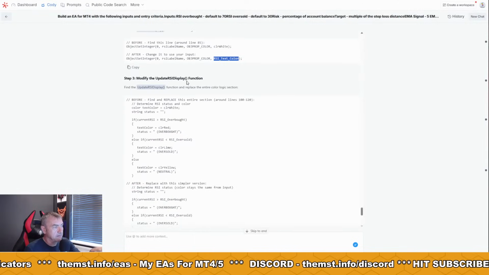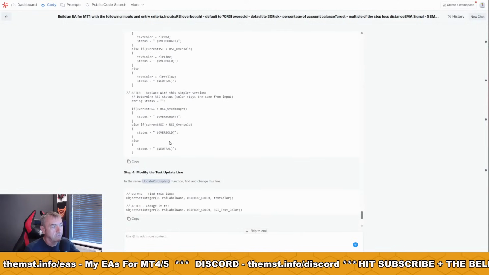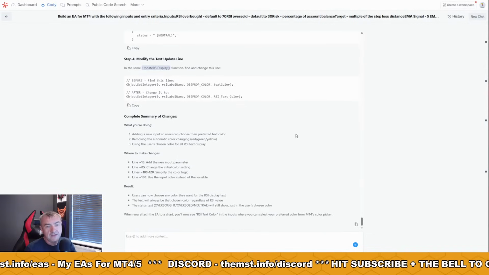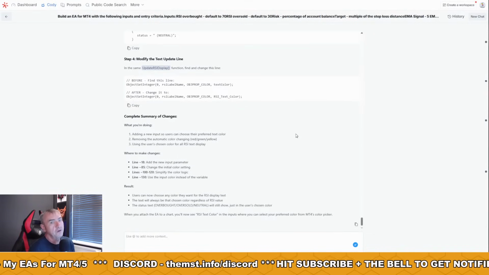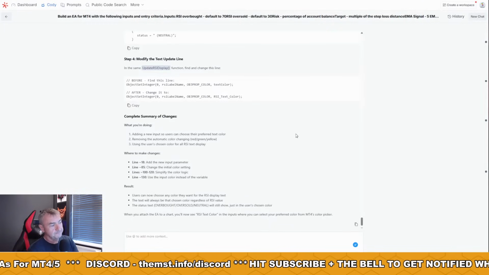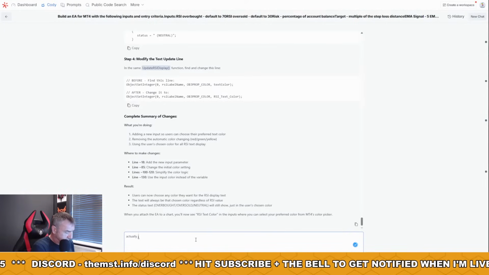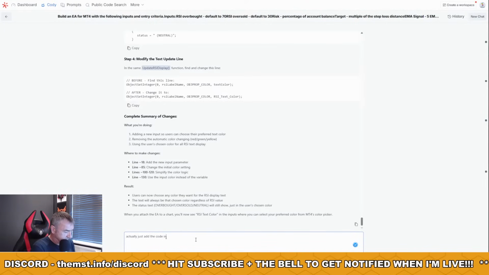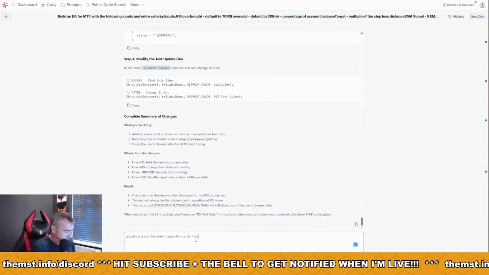And then in that modify update RSI function, again, it's just going to tell you what to change and where to change it. So that is the kind of little bit more involved way to do it. Actually, just add the code in again for me. Do it for me.